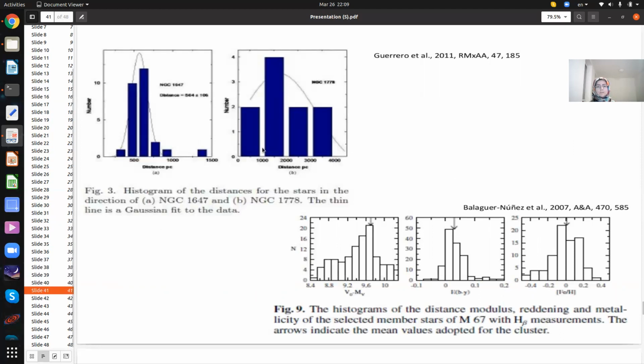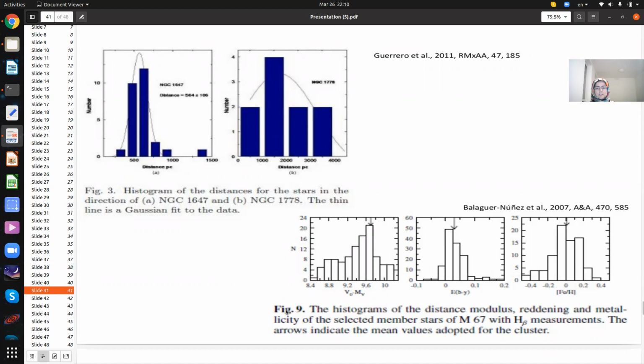You see here, for example, the distance and these are numbers. For example, we have 4 stars between 1000 and 2000, and around 10 stars at a distance of about 500 parsec.